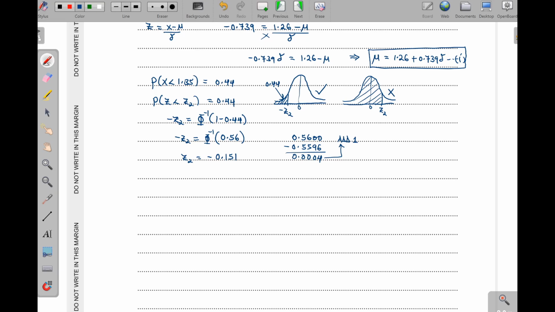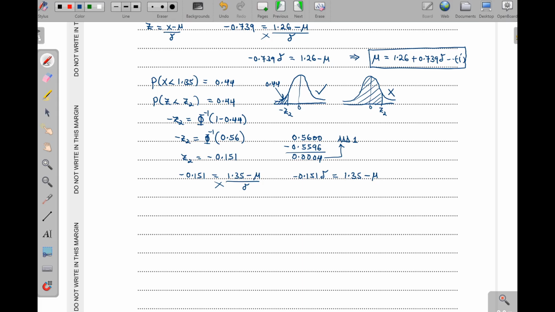0.151. Again, we shall have this negative 0.151, which is equal to x is 1.35 minus the mean out of the standard deviation. When we cross multiply, we shall have negative 0.151 times the standard deviation, then it's equal to 1.35 minus mu.